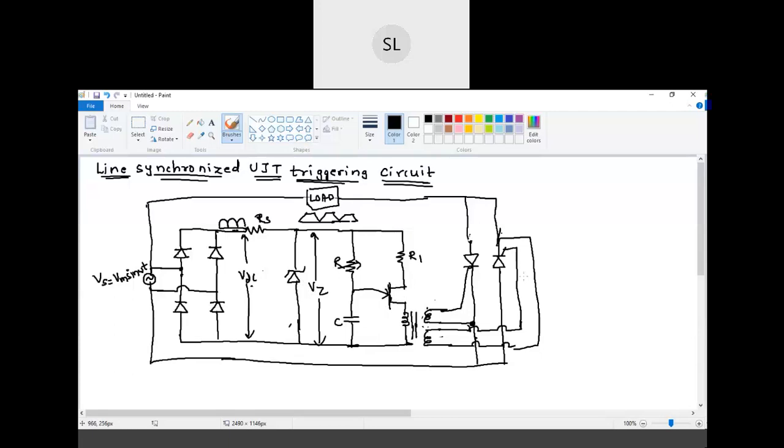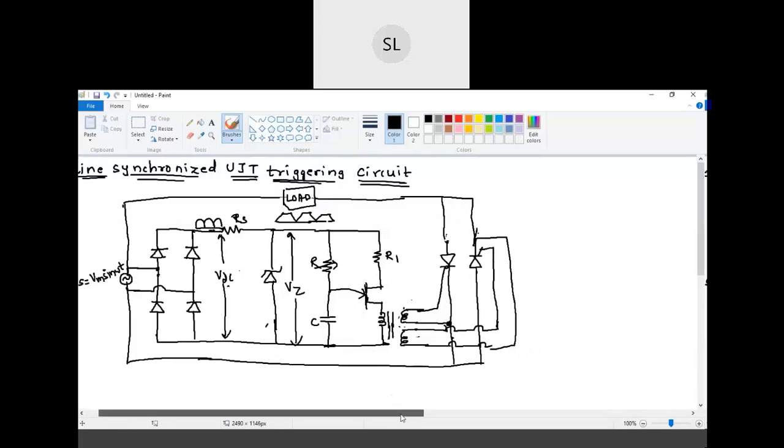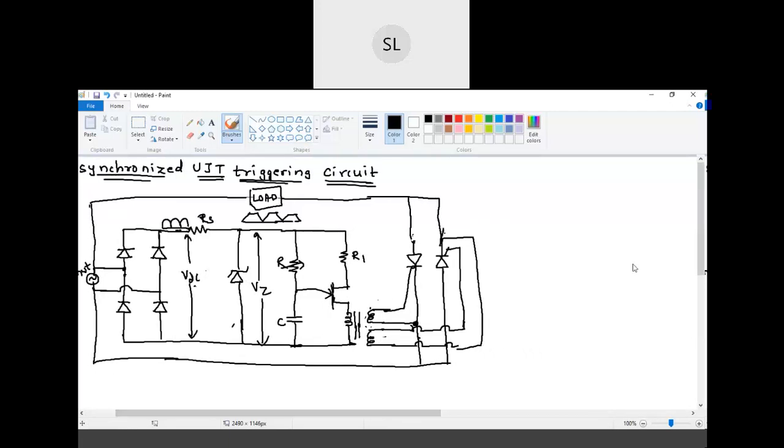So this is the output of a bridge rectifier circuit, that is the pulsating DC we will get. So this is the VDC that we will get. This DC voltage has been clipped by this Zener diode.